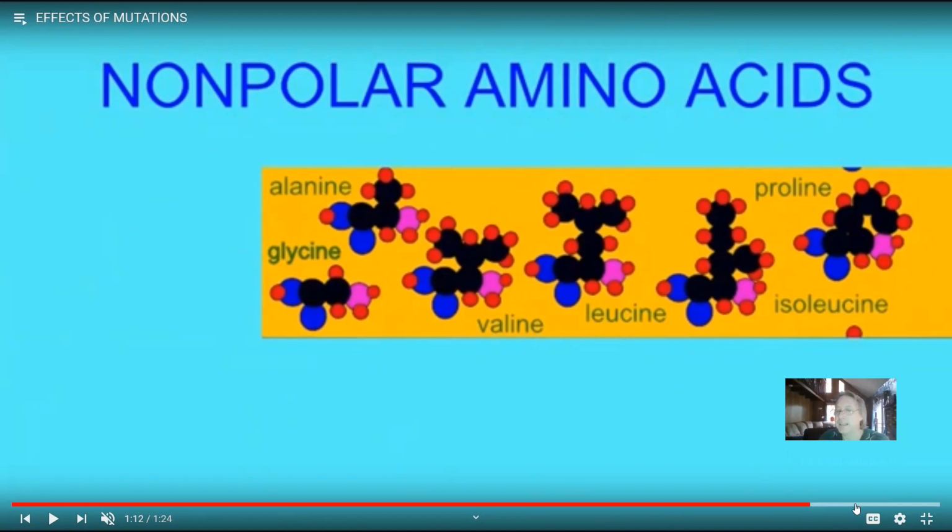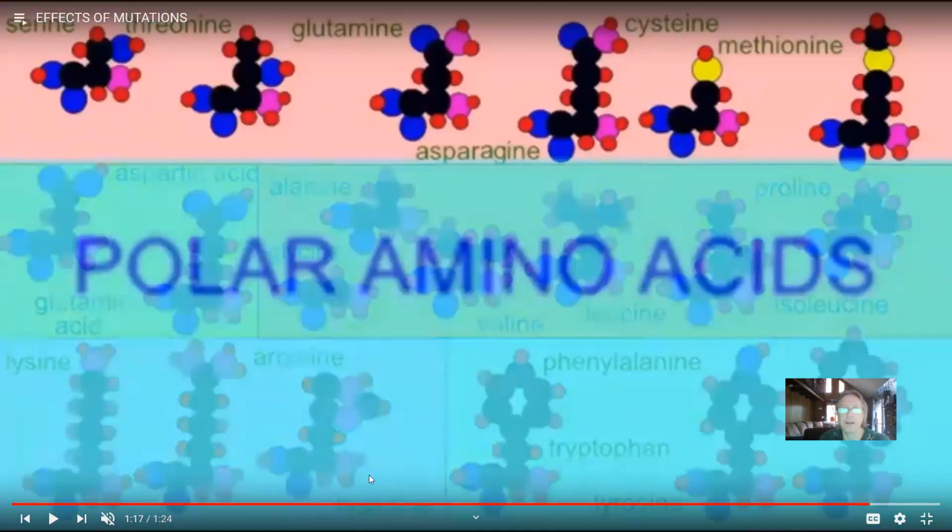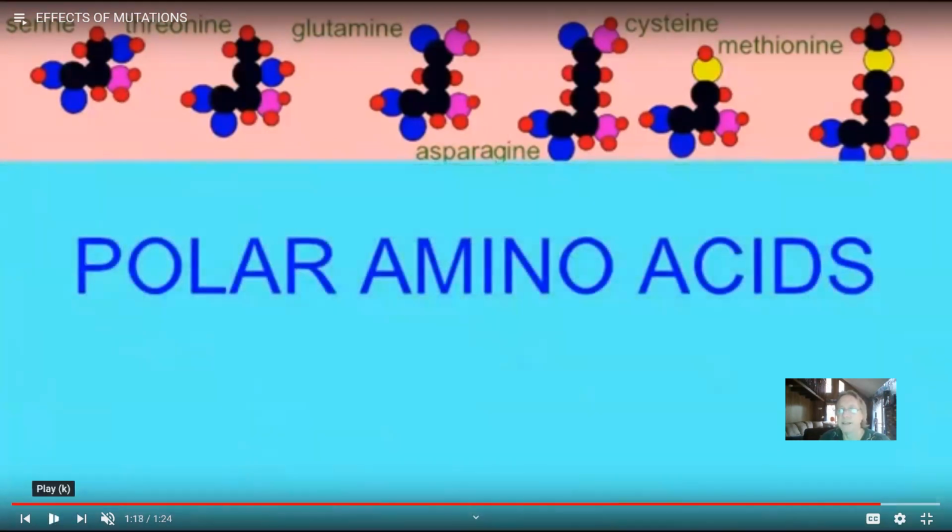So if we substitute a non-polar amino acid for a different non-polar amino acid, then maybe there's no effect. Or if we change a polar amino acid for a different polar amino acid, once again, maybe there's no effect.